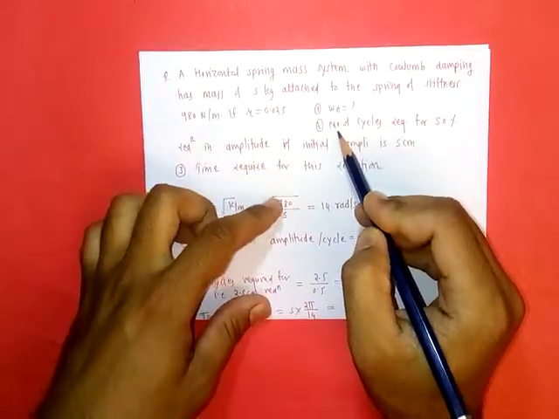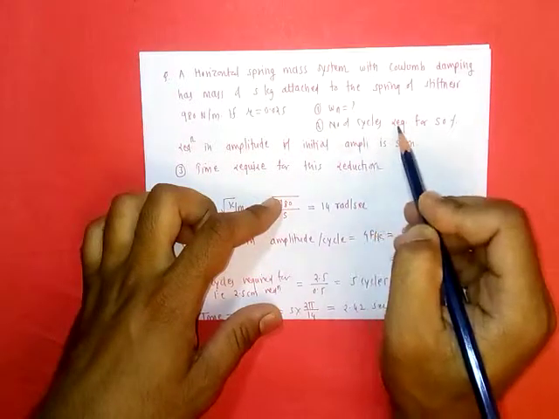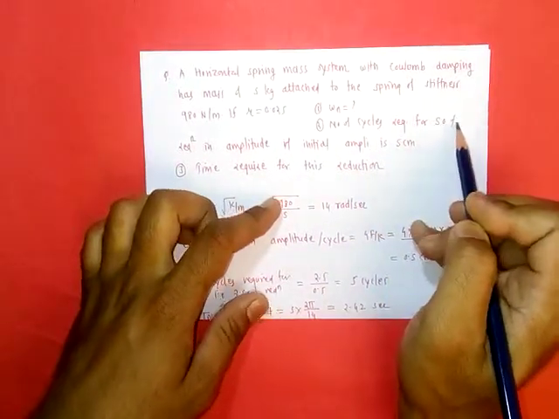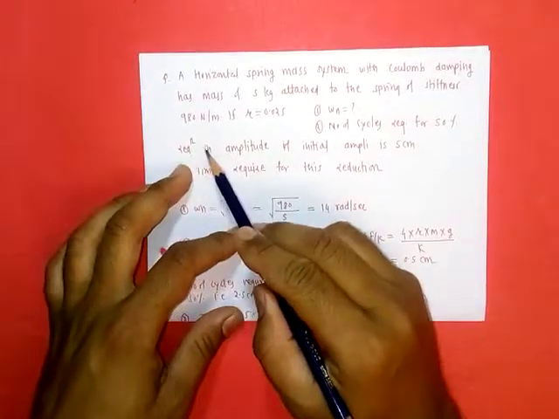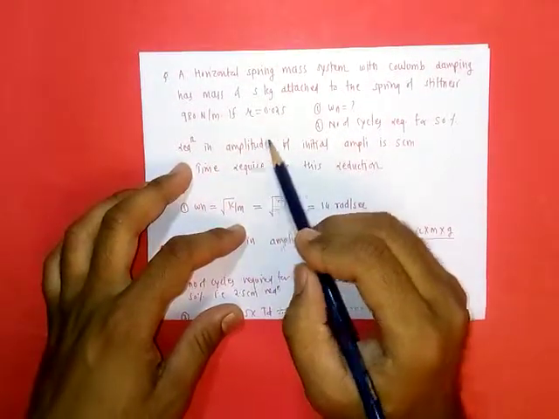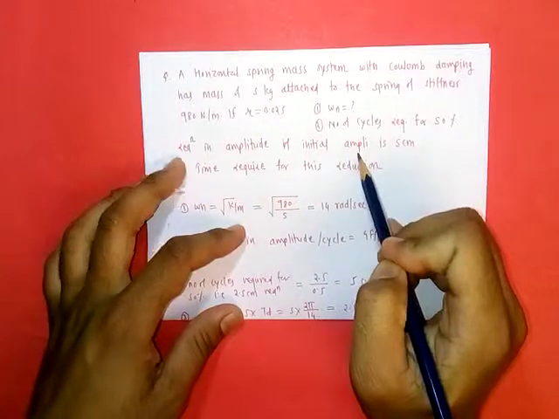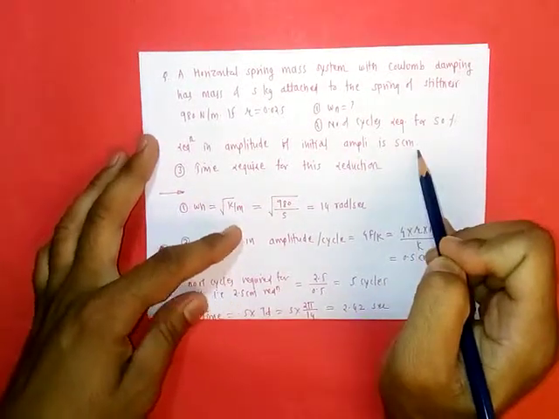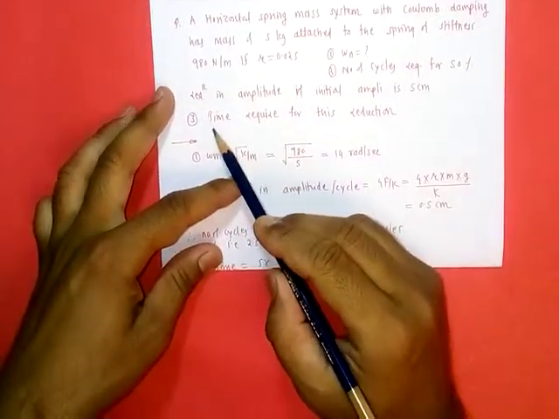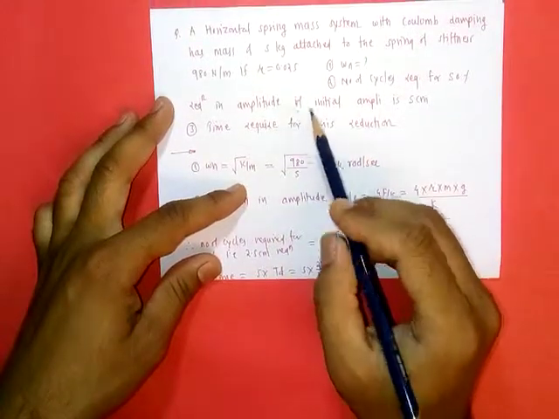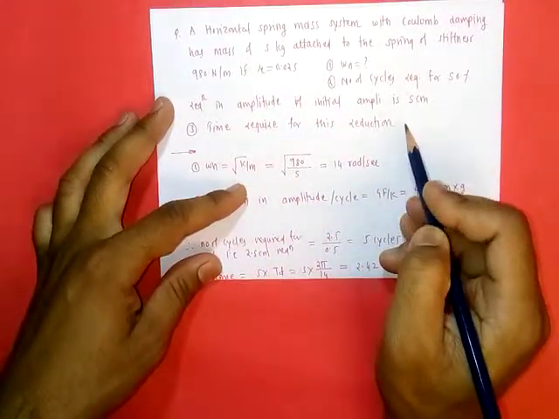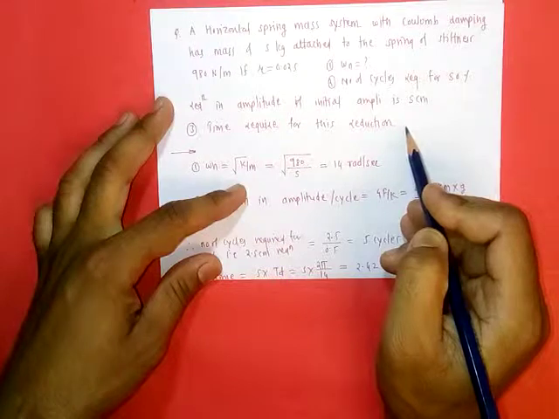Second, the number of cycles required for 50% reduction in amplitude if the initial amplitude is 5 centimeter. And last, the time required for this reduction, that means 50% reduction.